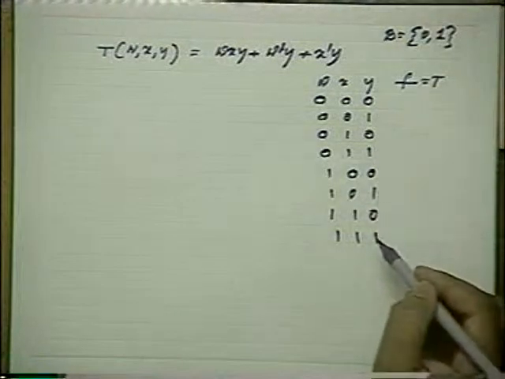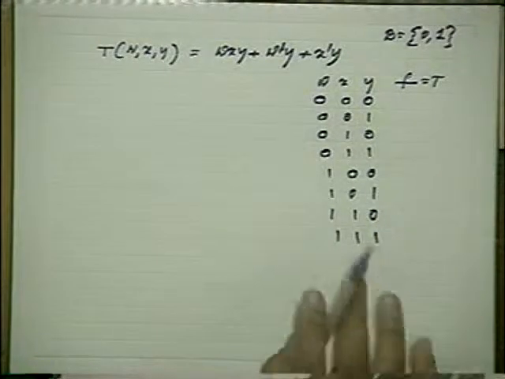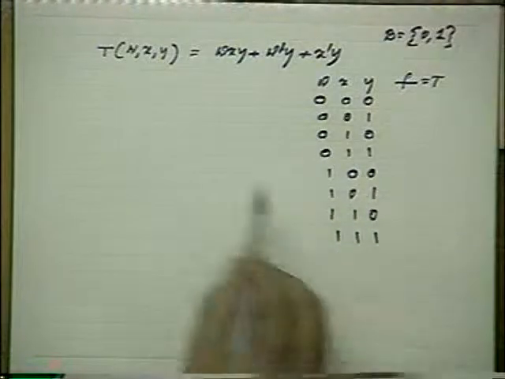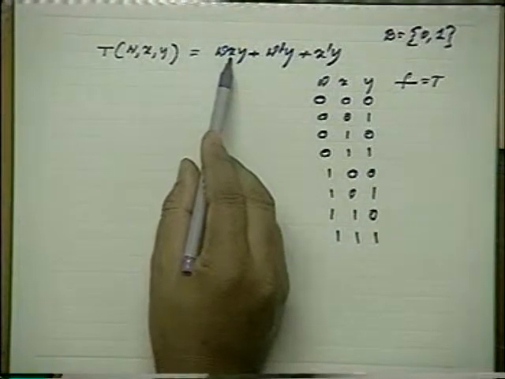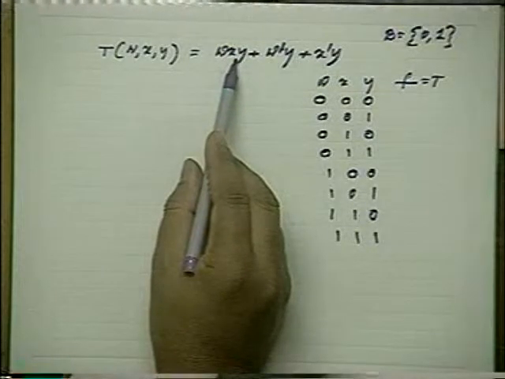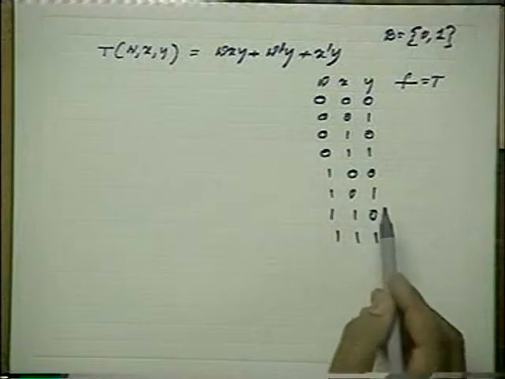These are the 8 combinations that we have, 1, 2, 3, 4, 5, 6, 7, 8 combinations. Let us see, if w is equal to 1, x is equal to 1 and y is equal to 1, the switching expression has a value of 1, which means the function will have a value of 1.